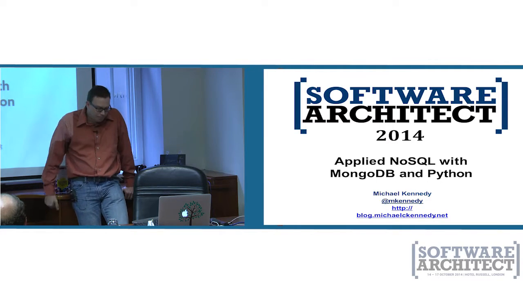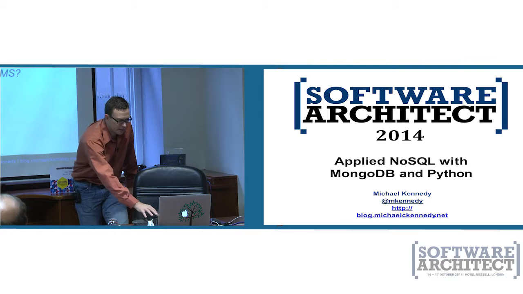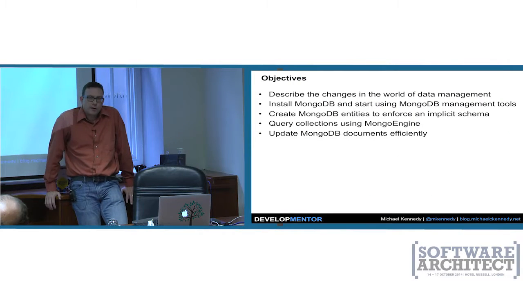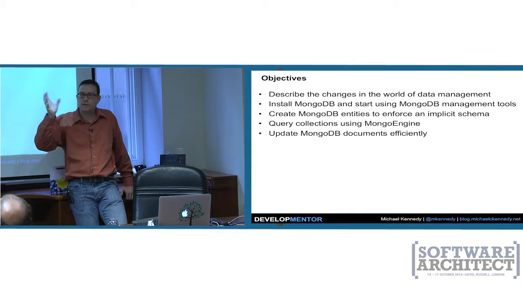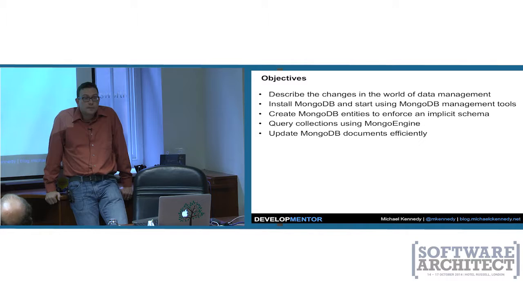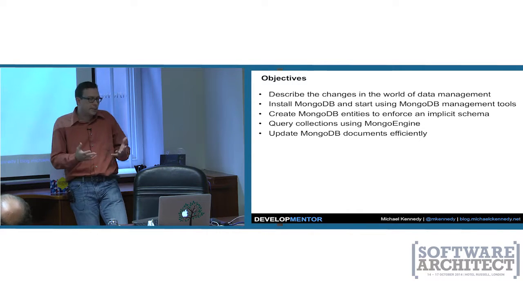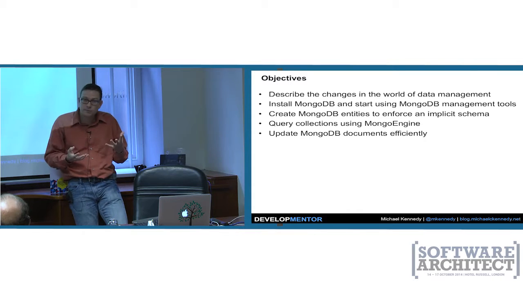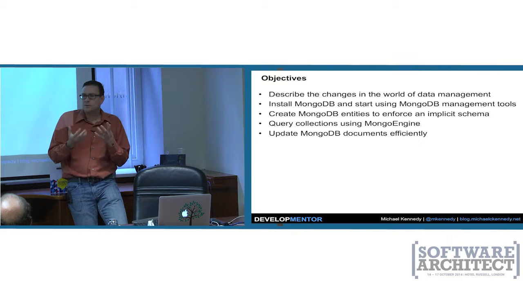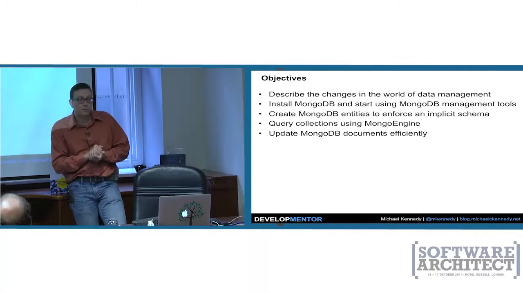Okay, so what are we going to talk about today? We're going to talk about NoSQL in general, the high theoretical stuff, for maybe 30 minutes. Some motivation and where it came from and why you care about it. And then we're going to start building some apps. We'll see how you install MongoDB. Turns out to be pretty simple. We'll talk about how you create objects or documents in the nomenclature of MongoDB.